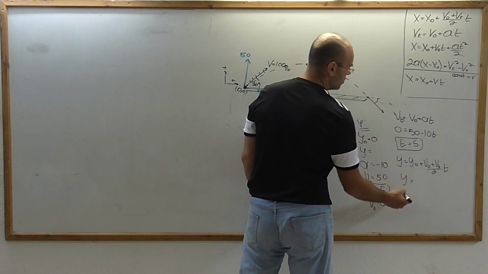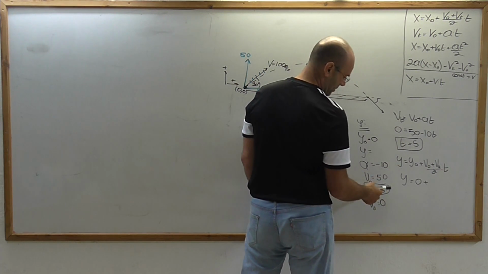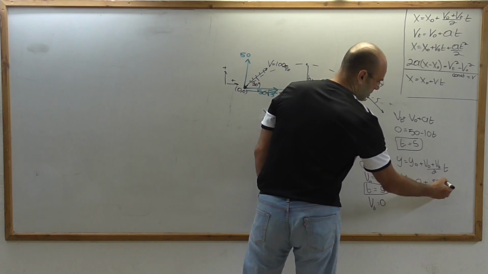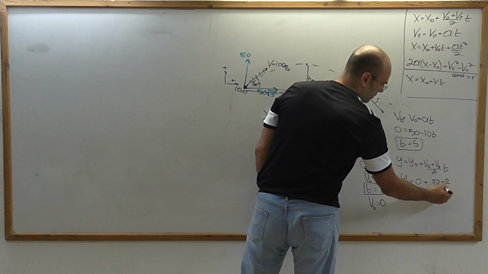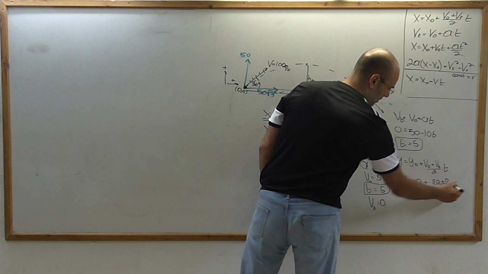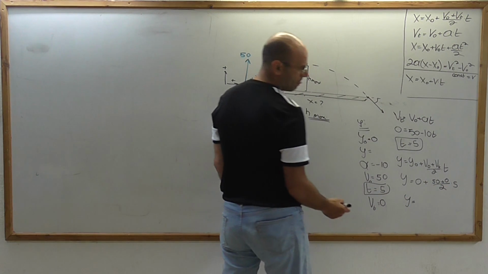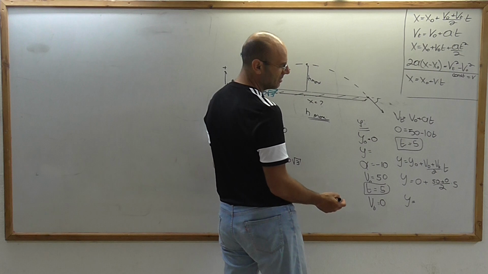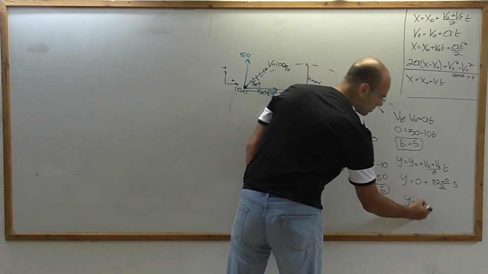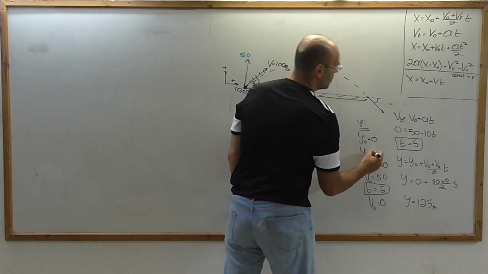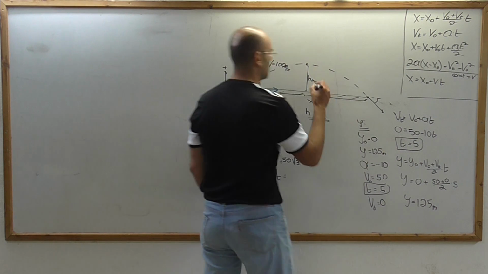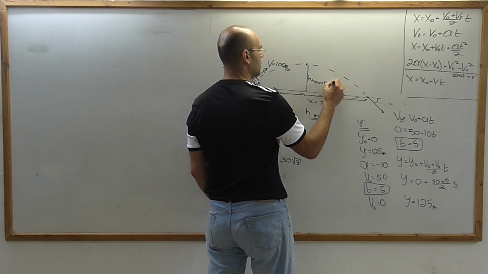So Y equals 0 plus 50 plus 0 over 2, multiplied by 5. Y equals 25 times 5, so it's 125 meters. So H max is 125 meters.